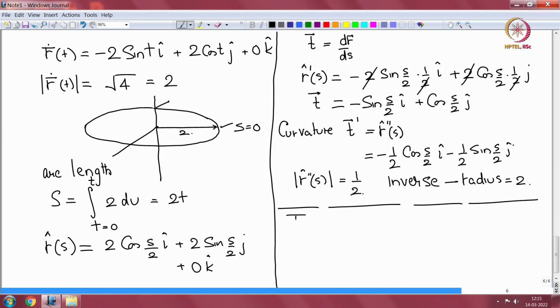The total circumference is 2 pi r, which with r equal to 2 is 4 pi, and a fourth of it is equal to pi. That is the arc length till here.